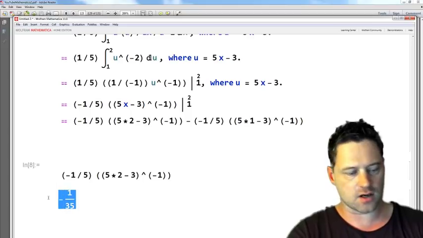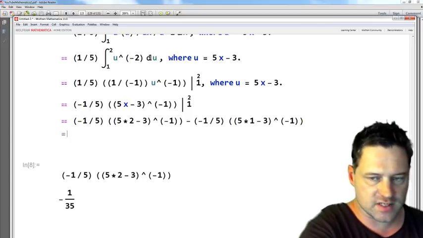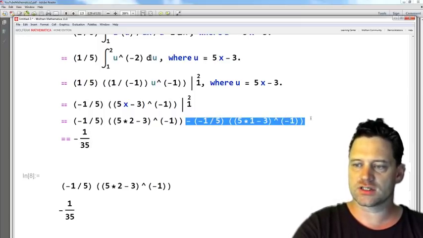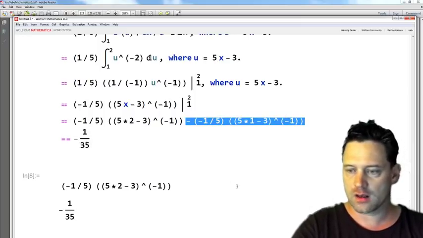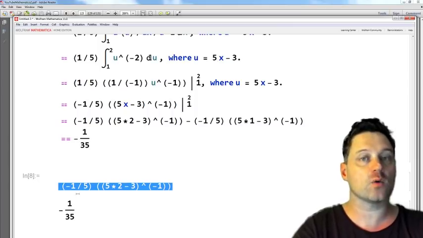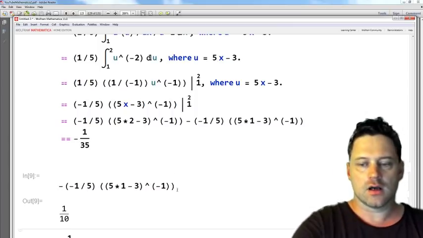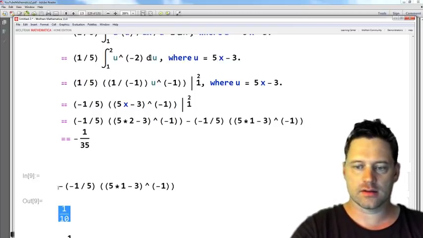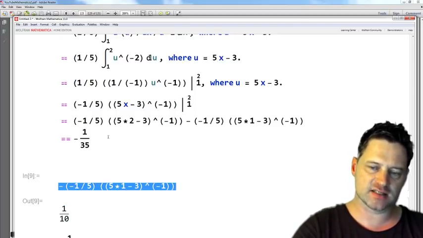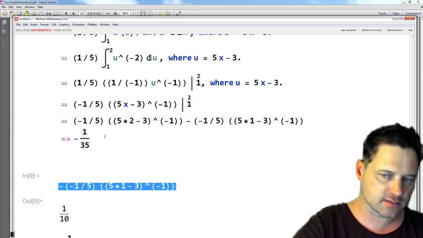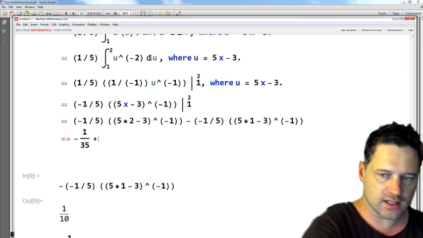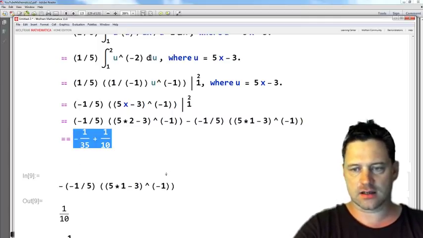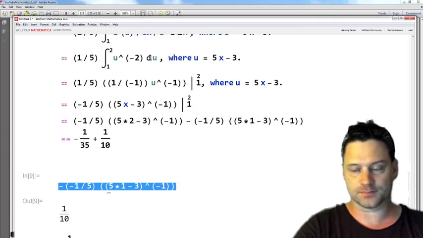Let's copy that and come down here to a new line. So we have -1/35. Now I want to subtract this other number. So come down here and find out what that number is. It's 1/10. Now there's a minus there, but the result of that is plus, so it gives us plus 1/10. Now we copy this, simplify that.